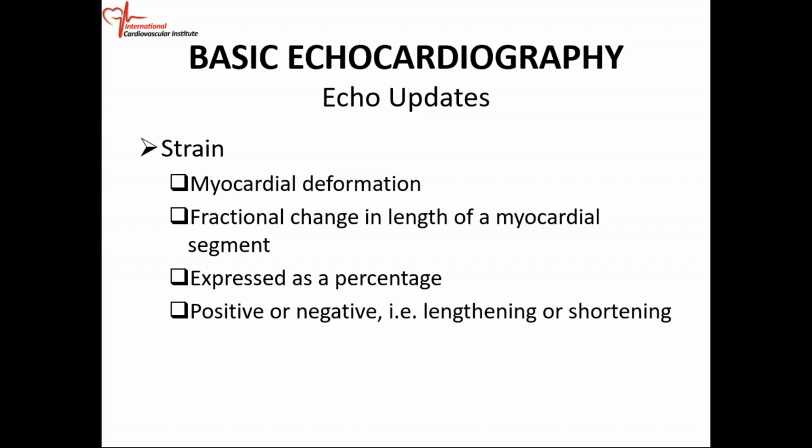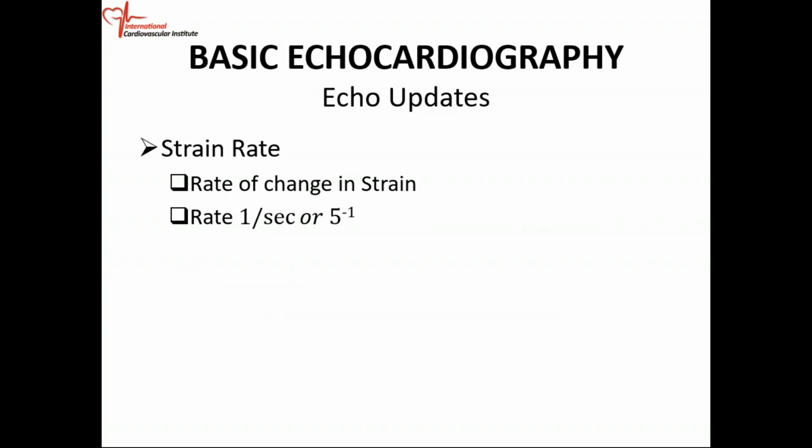Again, it's a fractional change in length of a myocardial segment. The Lagrangian strain is L minus L naught over L naught, and is expressed as a percentage, as we said before. It can be positive or negative. If you have a shortening, it's going to be negative. Lengthening is positive. Classic example: when we talk about longitudinal strain, when the heart contracts from the base to the apex, it shortens. So that would be a negative number.